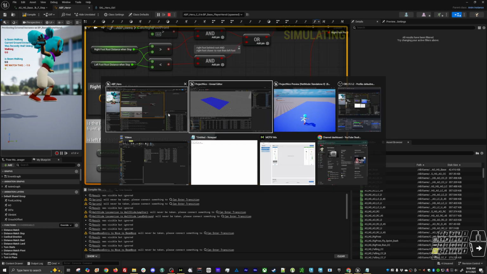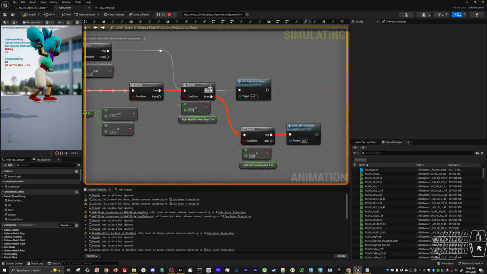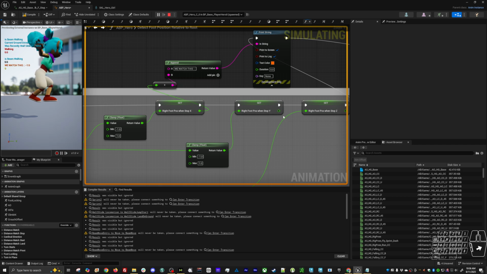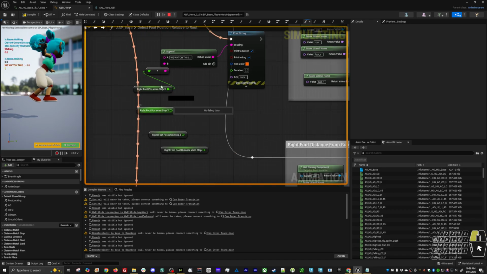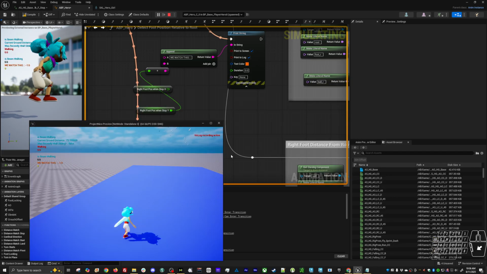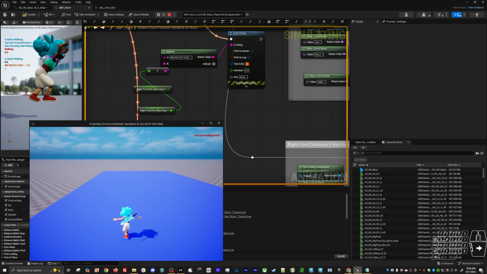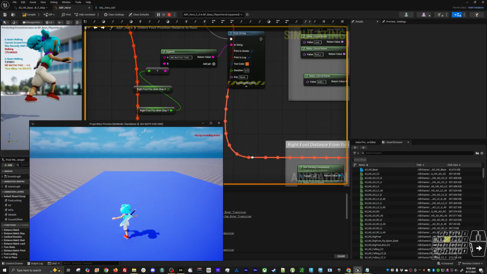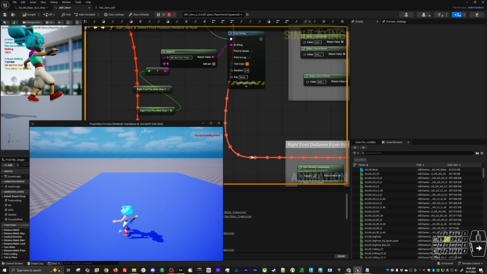Because if we check here, just to double check, I'm going to come back here. We're going to check our Y position here and here. So that's -1. -1.